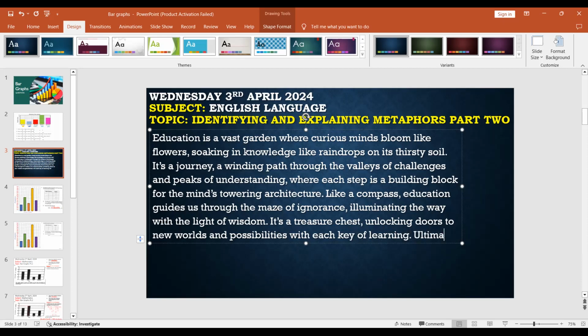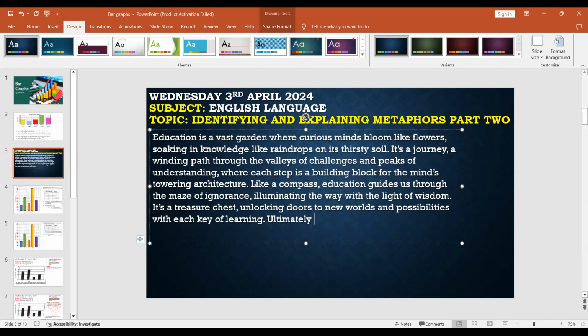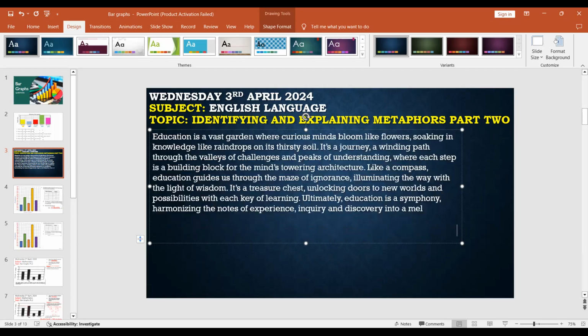Ultimately, education is a symphony harmonizing the notes of experience, inquiry, and discovery into a melody of enlightenment.